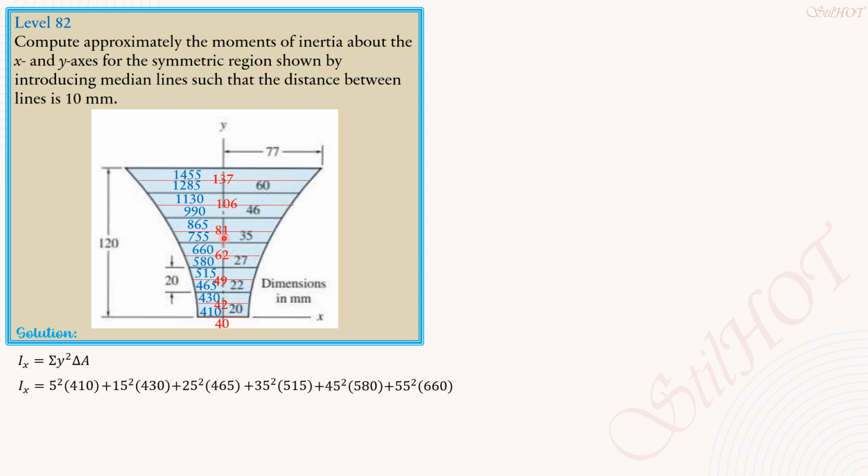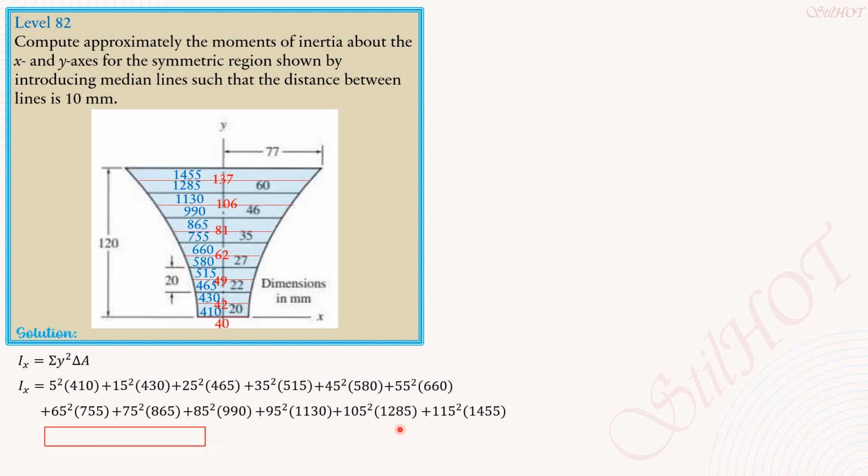Next is 65 square times 755. Next is 75 square times 865. Then 85 square times 990. 95 square times 1130, plus 105 square times 1285. Then lastly plus 115 square times 1455.